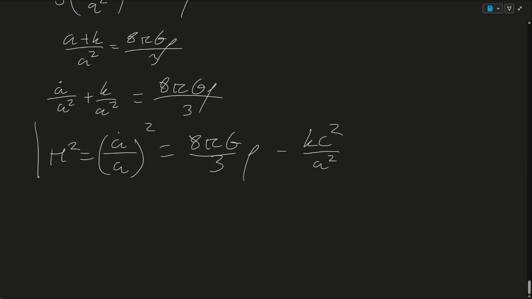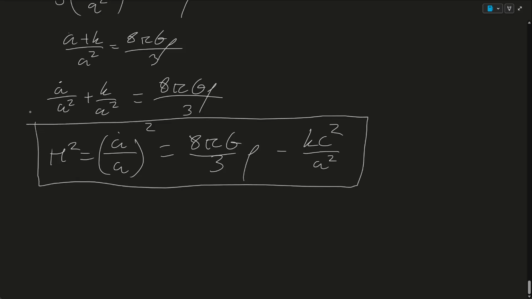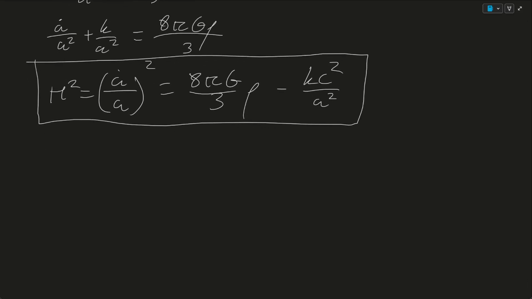This is number 1. I will box it. We'll move on to number 2, which takes slightly more time to get to. So here we're going to find the 1, 1 component, which is mu nu equals 1. And so we have that G11 is equal to 8 pi G T11.